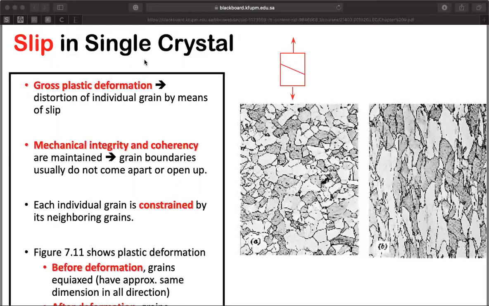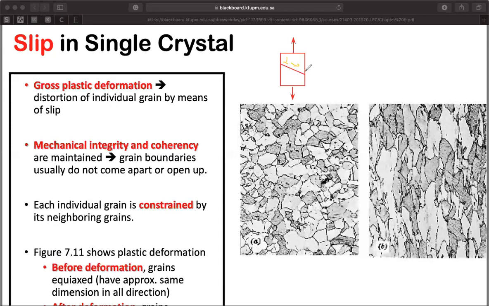So the dislocation can slip on that plane in a certain direction until it hits the surface of the specimen. And that will result in some changes. We're going to see steps on the surface here, right?